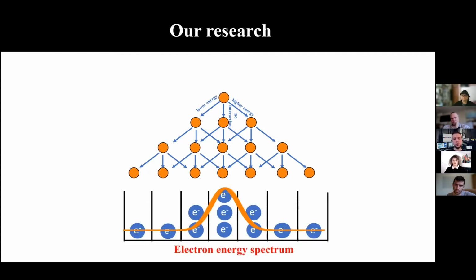If we launch many electrons, they will occupy different energy bins. Like in real life, the majority of electrons will stay indifferent after the interaction. But some of them will be more energetic and some of them less. This distribution of electrons in bins is called the electron energy spectrum.